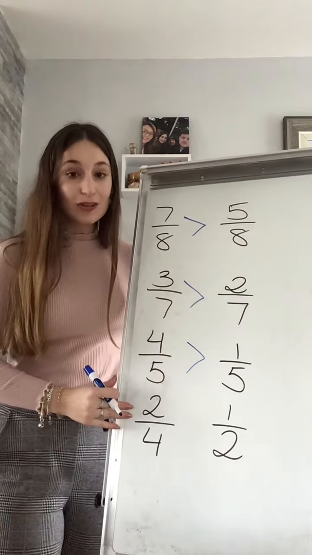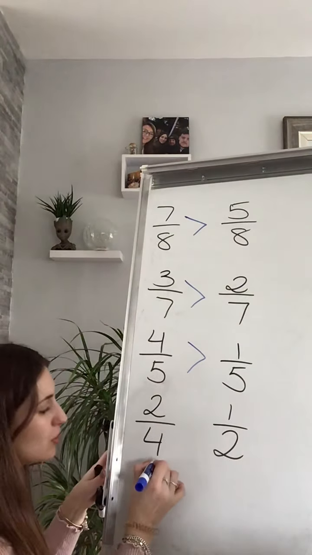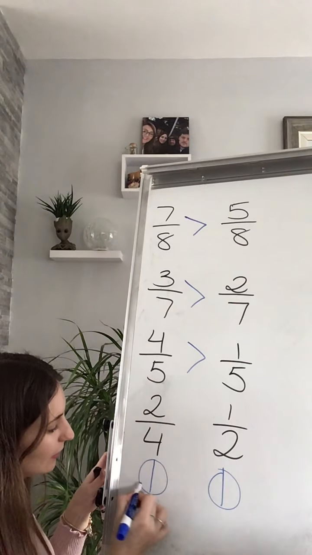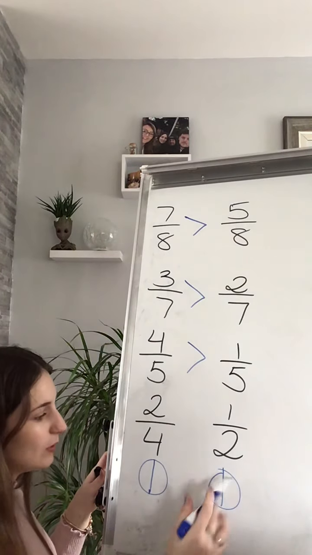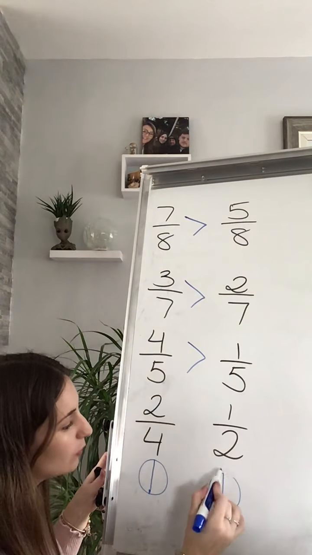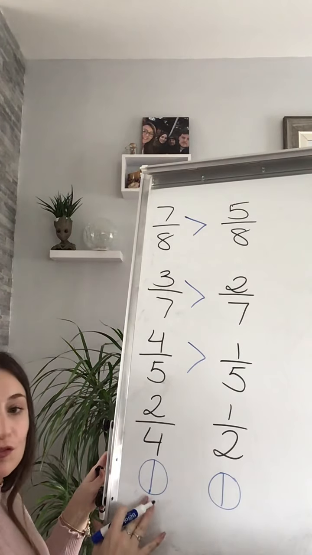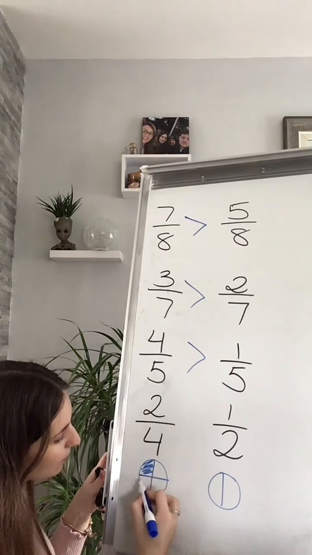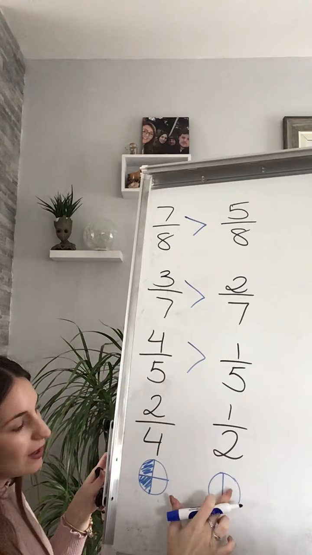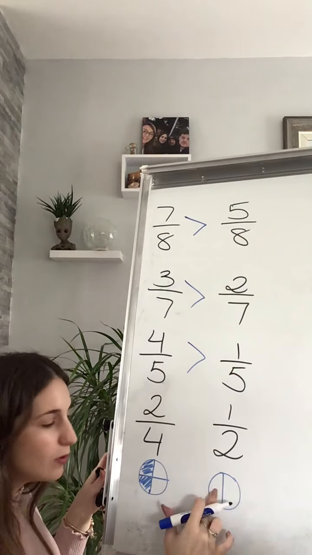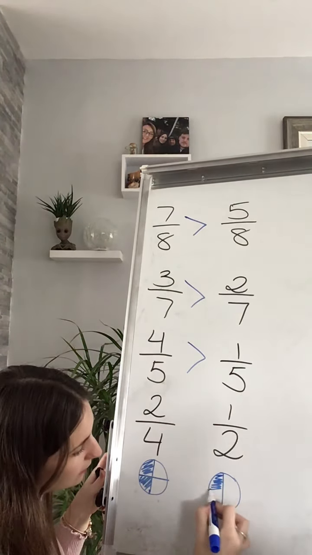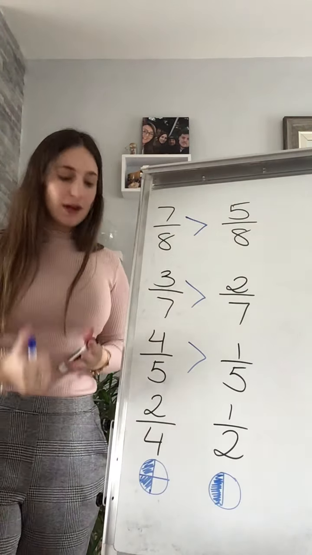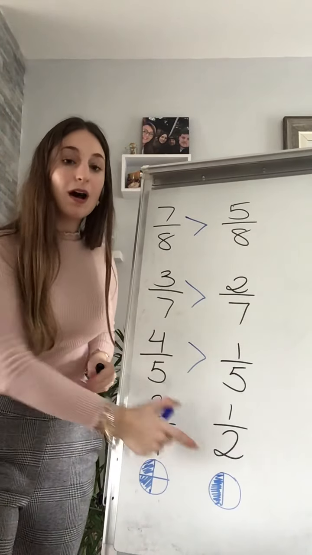And my last one, which is not the same. Let me show you on a diagram, maybe some of you remember from last week in term 3. If you have your first pizza cut into 4 equal parts and you are taking 2, and then you have another pizza cut into 2 equal parts and you're taking only 1 this time, maybe you knew straight away when we were doing equivalent fractions that 2 quarters is the same as 1/2. Well done.